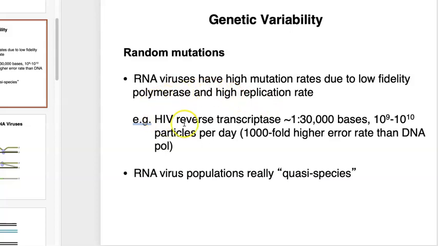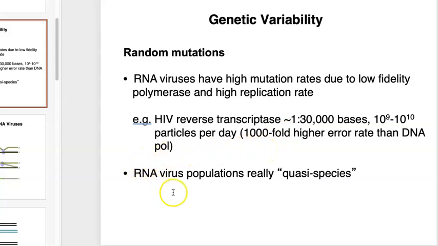And so HIV's reverse transcriptase is a good example of a low fidelity polymerase. It makes errors in about 1 in every 30,000 bases that it lays down. But when you're a virus that's making billions of progeny every day, that means that at this rate, there's going to be mutations in just about every gene in the genome by the time the virus progeny start to break out of the cell.